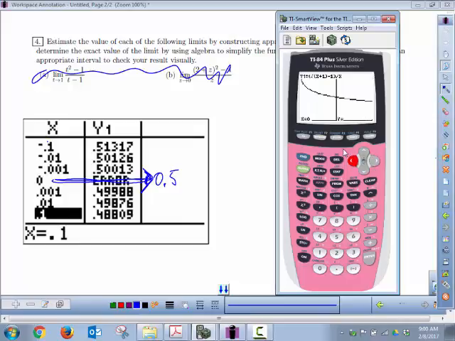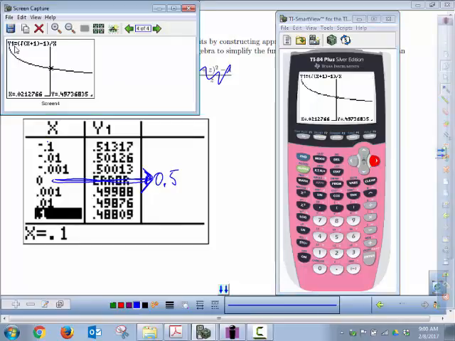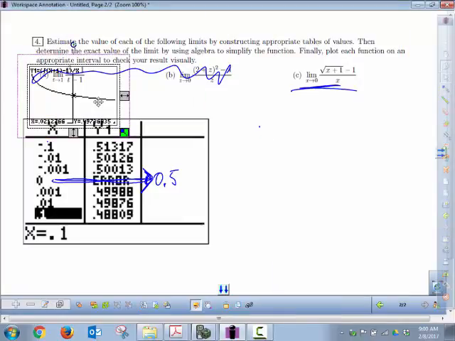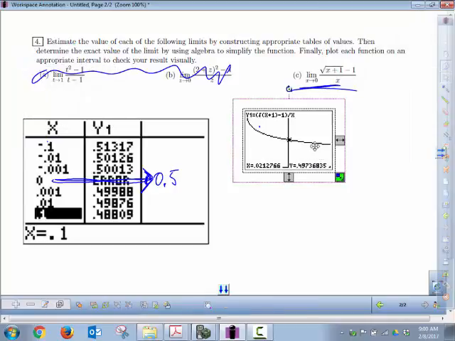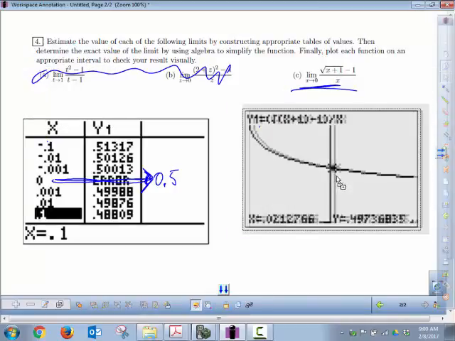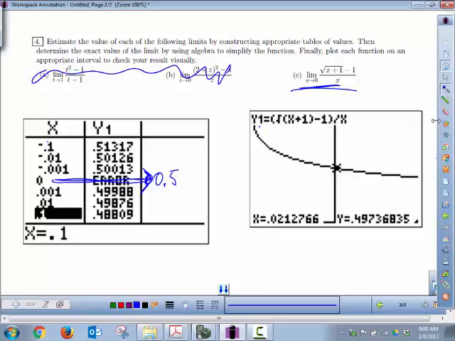So it looks like it's hovering around that 0.5 space. So look at the values. This is near 0. This is close to 0.5 right here.